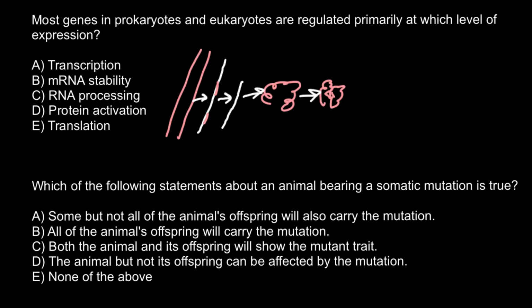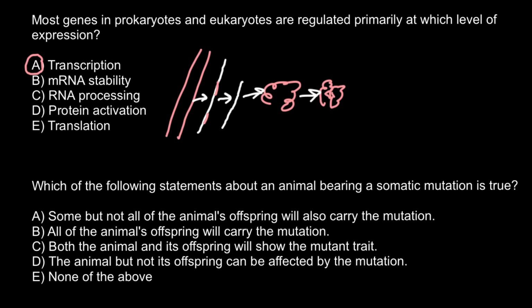And the same is true when we talk about the processes going on inside the cell, and the best way to regulate all this biological pathway would be regulation at the first stage, which we call transcription. This is answer A.